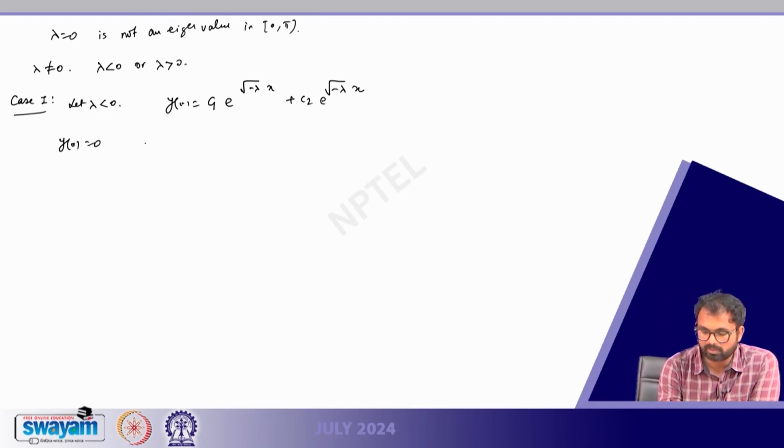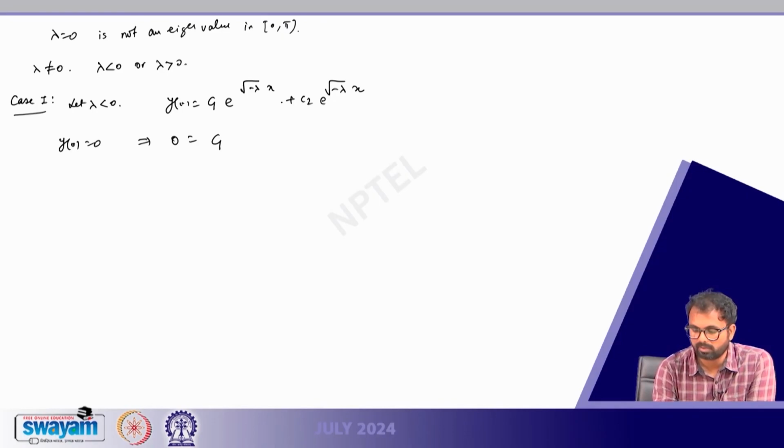Okay. Now, y(0) equals 0 is given. So, if I use y(0) equals 0, then I will get C1 plus C2 equals 0.